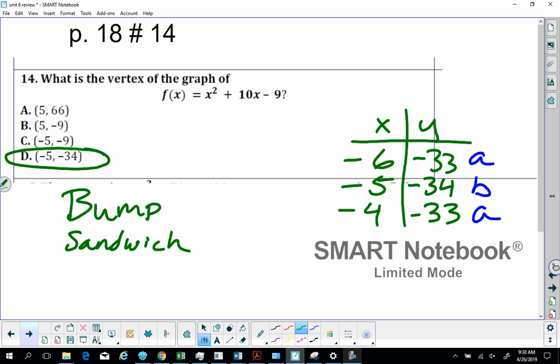Do you guys see how these two numbers are the same, the top and the bottom one? Whoa, a vertex sandwich. It's a sandwich. Two pieces of bread, and then the vertex is in the middle. It's a vertex sandwich. Yummy. A's for days. Any questions about vertex? Finding it in a table. Amazing.